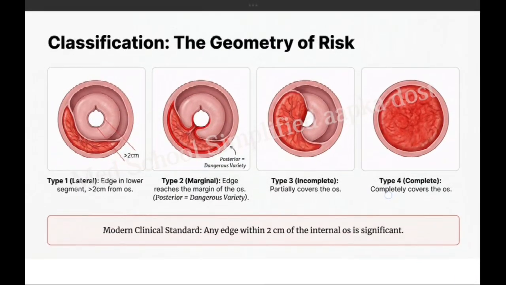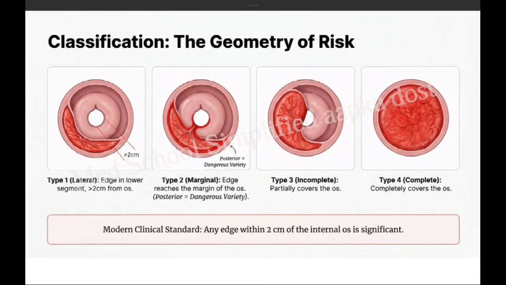We will have classification in type 1, type 2, type 3 and type 4. In type 1 it is lateral, that is edge in lower segment more than 2 cm from OS. Okay, type 2 is marginal. Marginal is edge reaches the margin of the OS, that's the opening, the orifice.